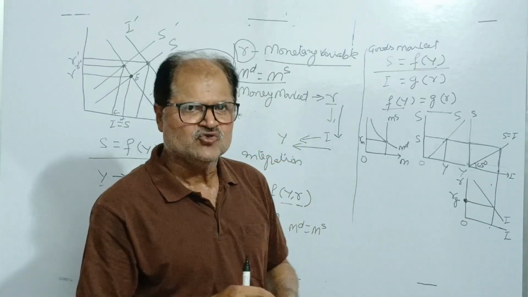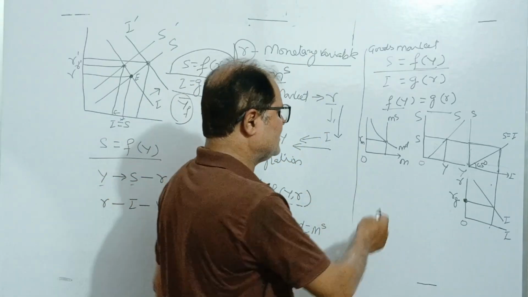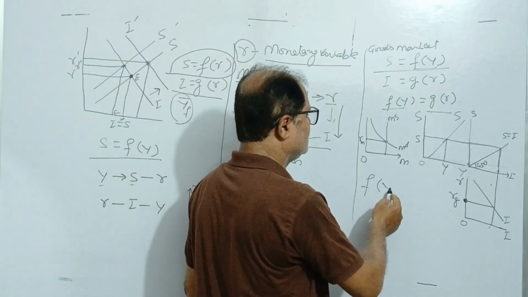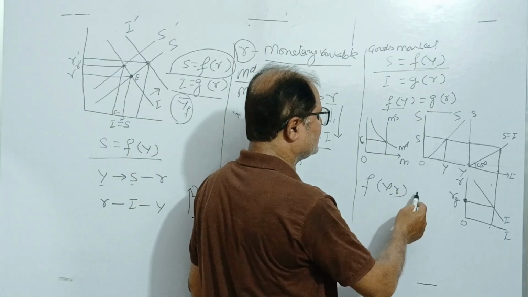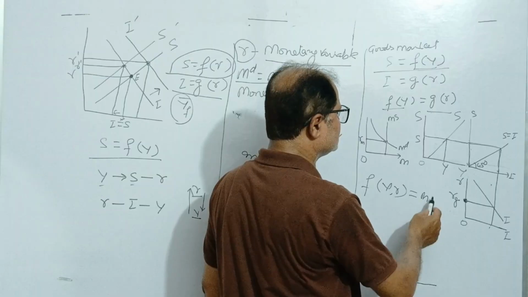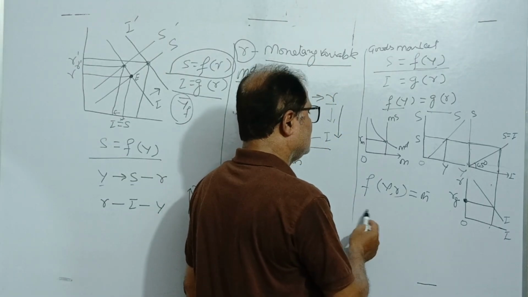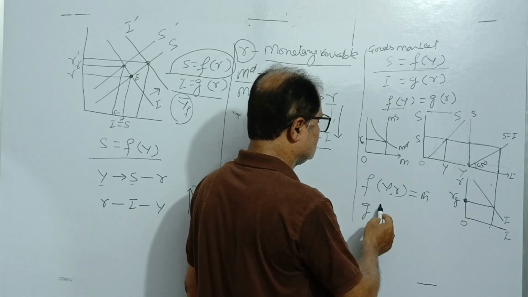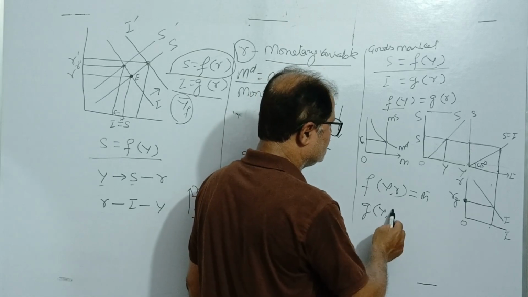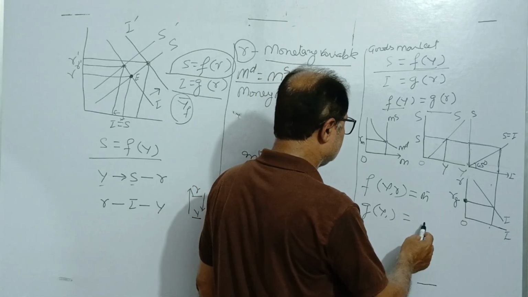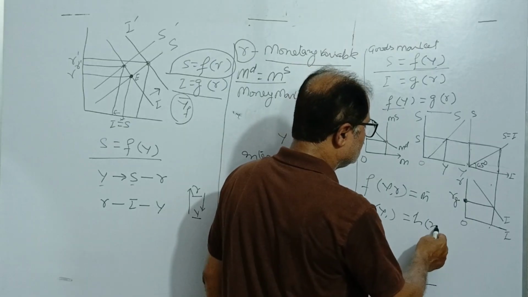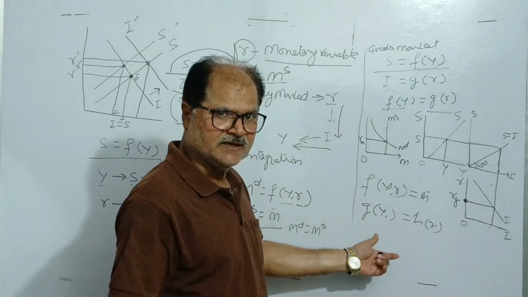Equilibrium equations in the two markets. In money market, say, this is the demand for money equation, equilibrium equation, and in goods market, say, this is the equation for goods market equilibrium.